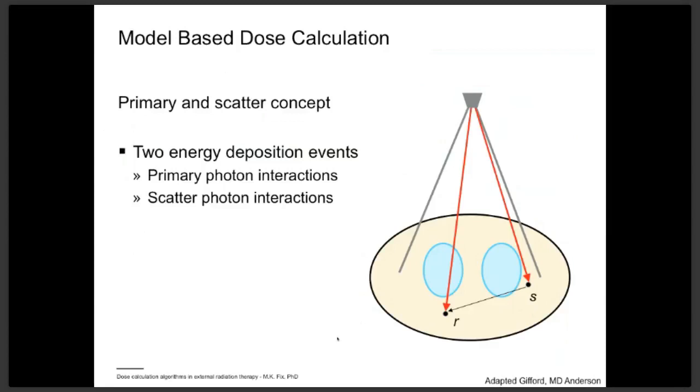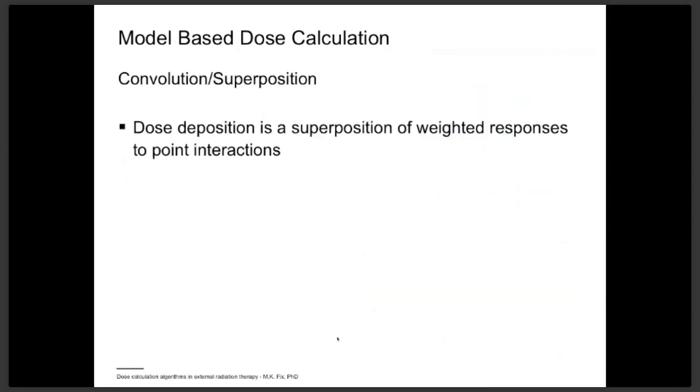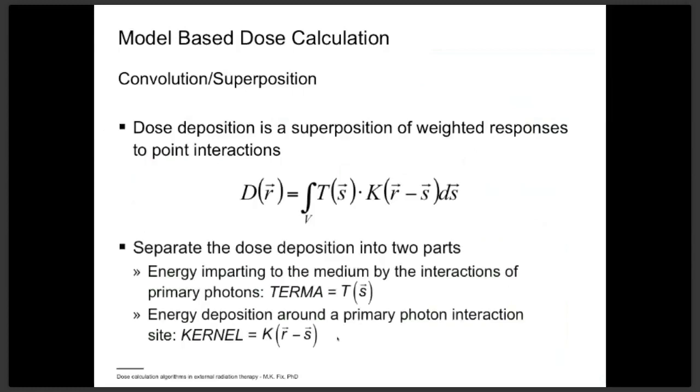If we do this in a very general way, this leads to a superposition of the dose deposition of weighted responses of point interactions. So this is then an integral. At location S, where we release a certain energy, we account for a contribution of this energy release in S towards the point R, where we want to determine the dose.